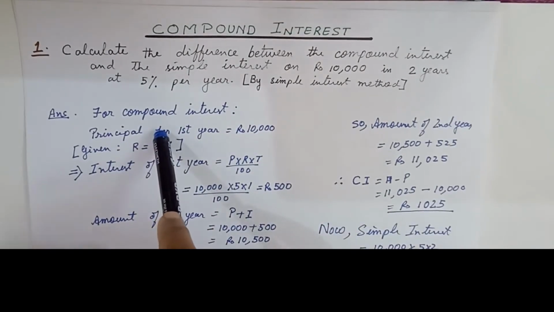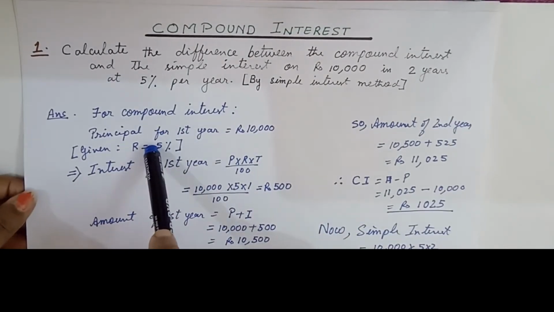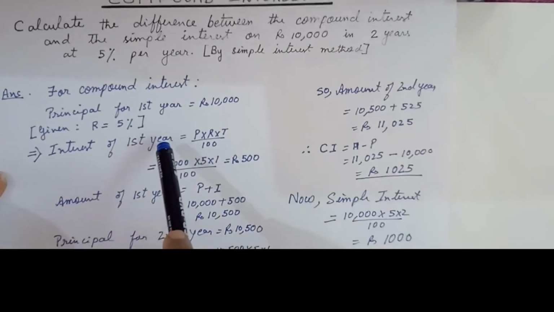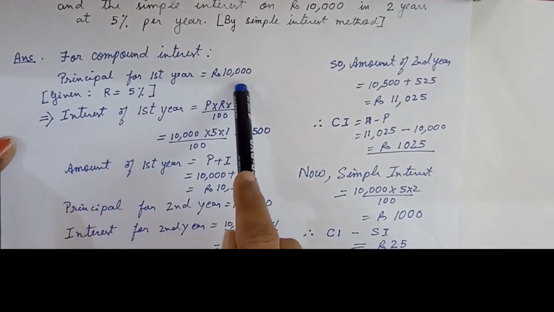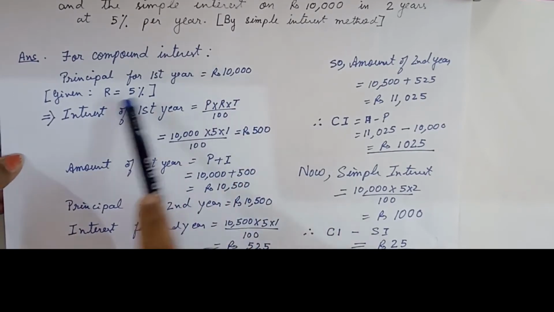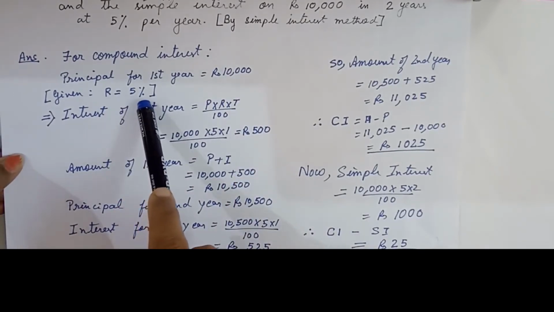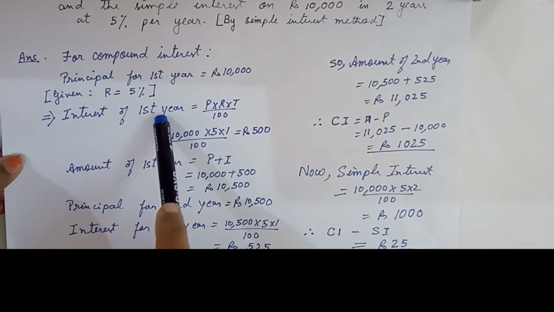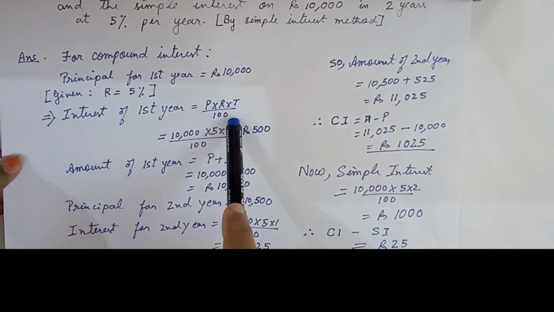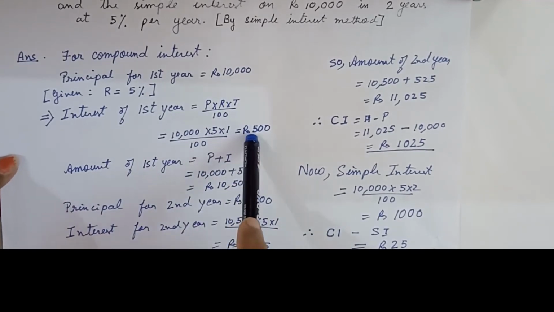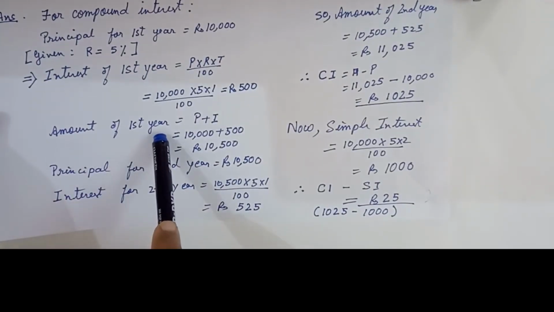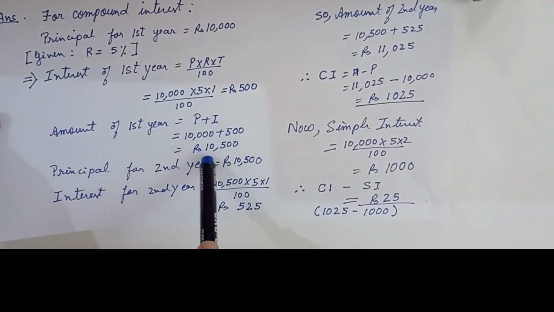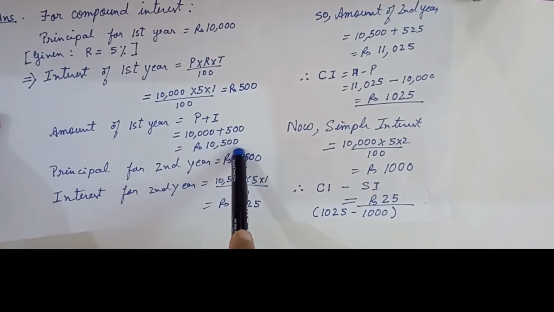For compound interest, year wise we will calculate. So for the first year, the principal is 10,000, given the rate is 5%. So the interest at the end of first year is PRT by 100, substituting, rupees 500. And the amount at the end of first year, principal plus interest, is rupees 10,500.